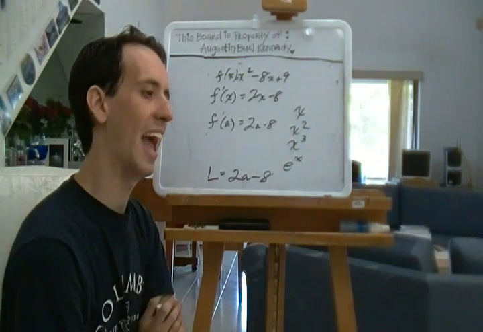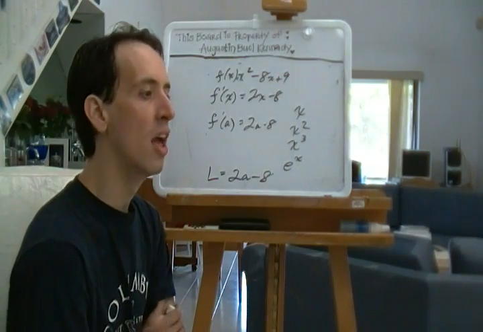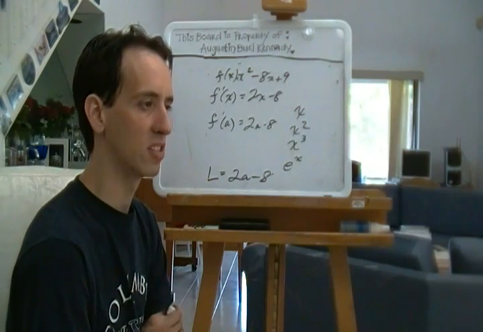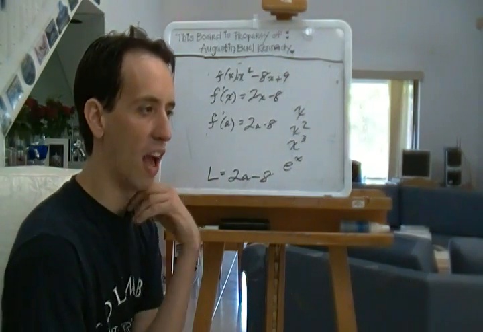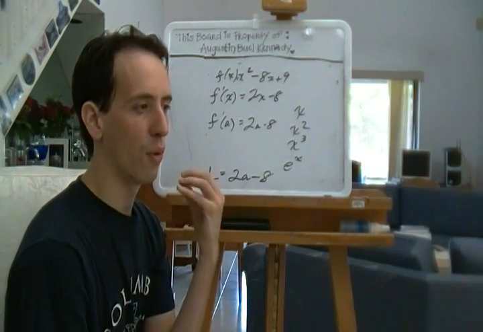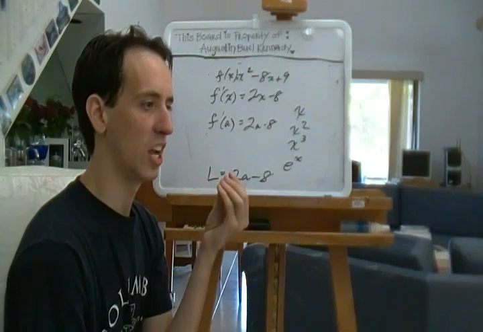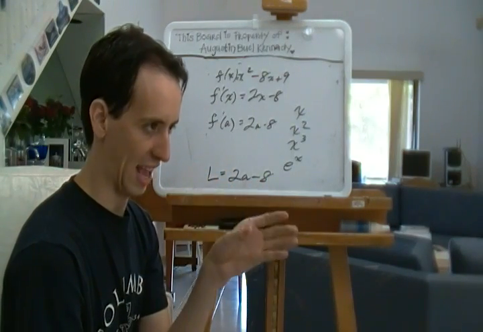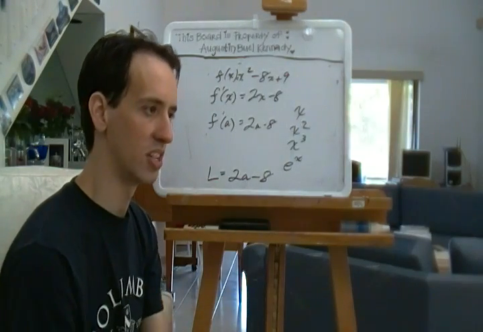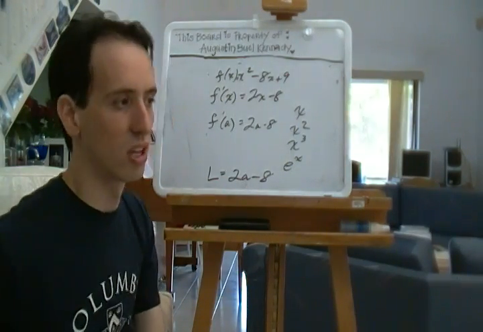I want you to find the average rate of change of c with respect to x when the production level is changed from x equals 100 to x equals 105 and from x equals 100 to x equals 101. Then I want you to find the instantaneous rate of change of c with respect to x when x equals 100. And for you economists out there, this is called marginal cost.